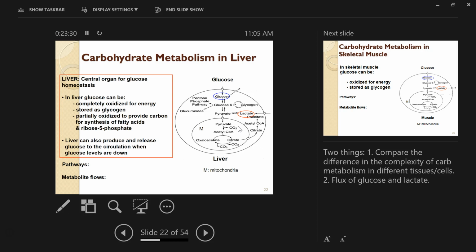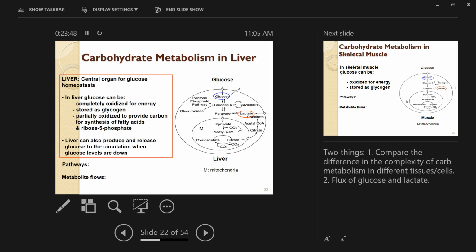That's why only liver and kidney can do gluconeogenesis, but not other tissues. So again, different tissues do different glucose metabolism. Let's talk about liver first.